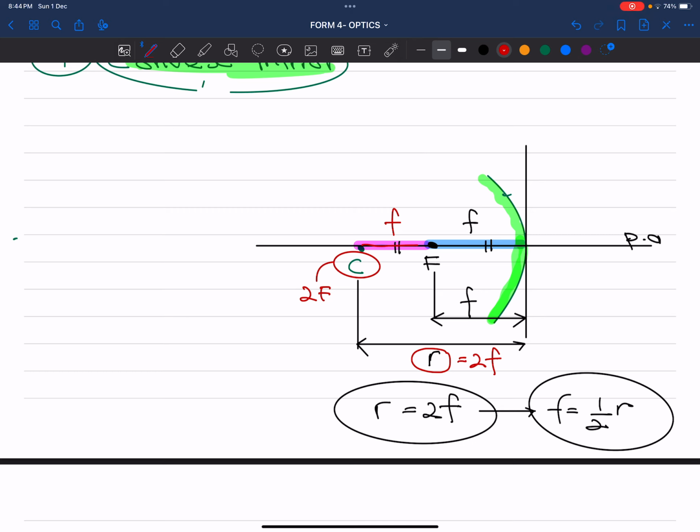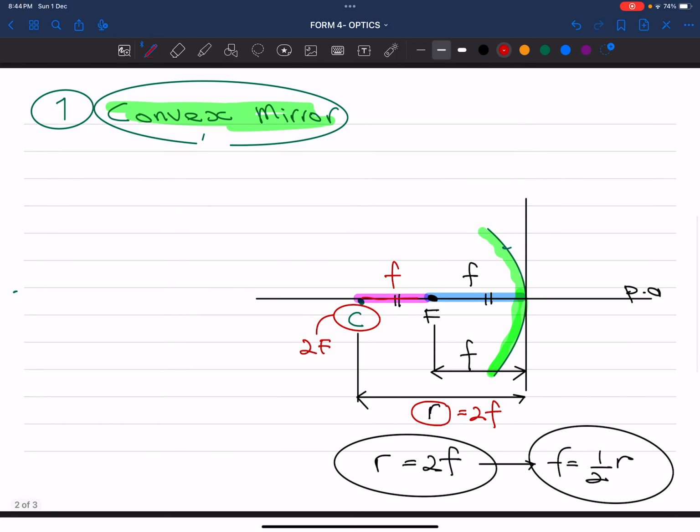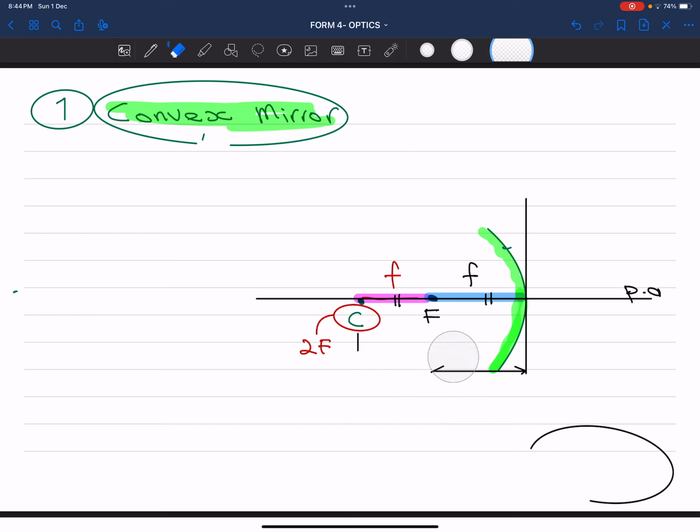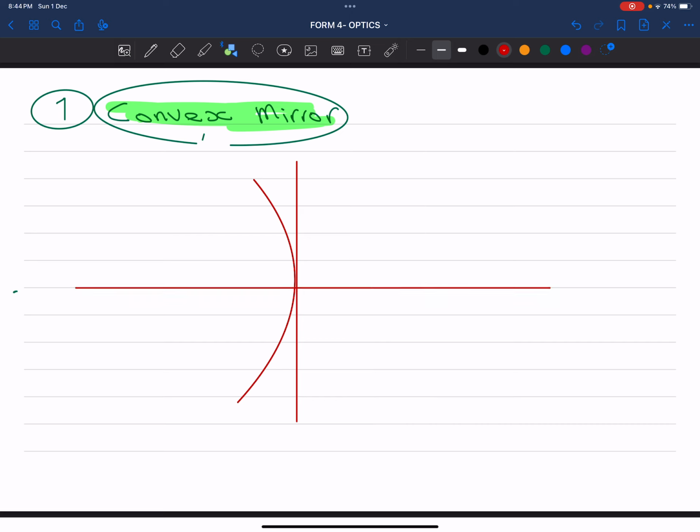Now, what am I going to do? On the next lesson, I'm going to explain what are the properties of the light ray for convex mirror. So if I were to have a convex mirror, I'm going to draw the vertical line, and this was the principal axis.